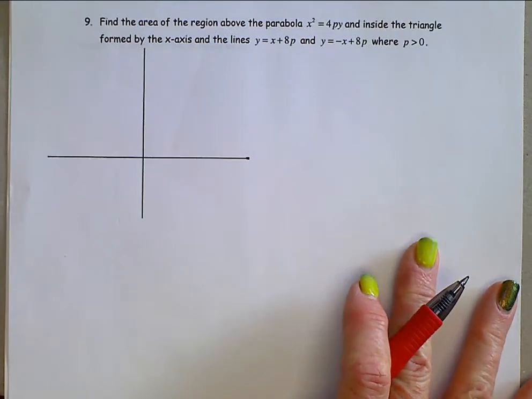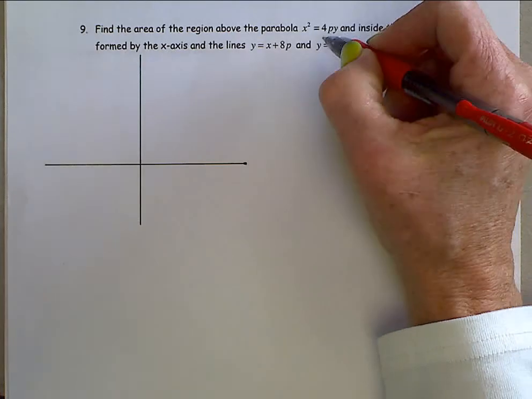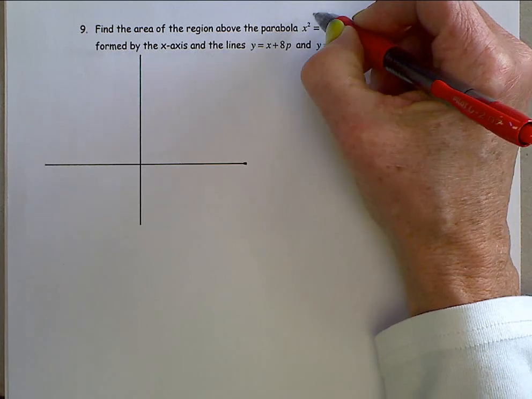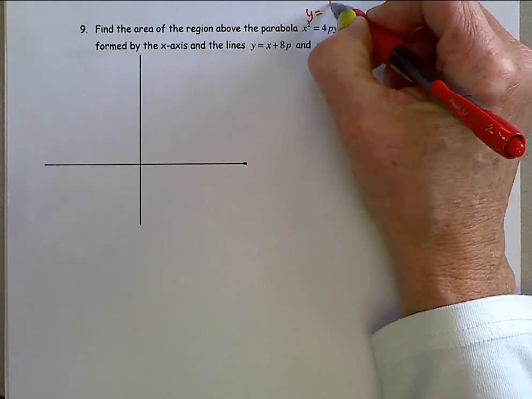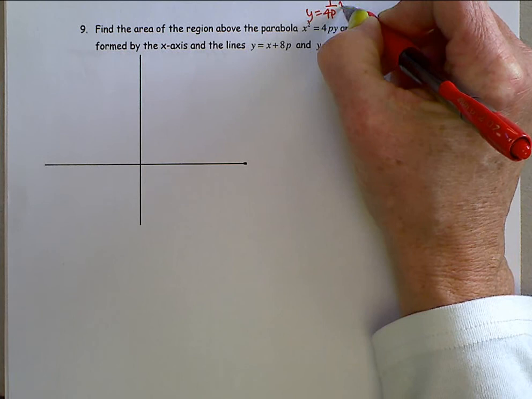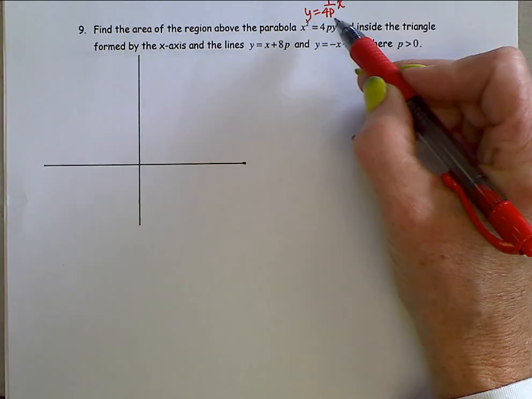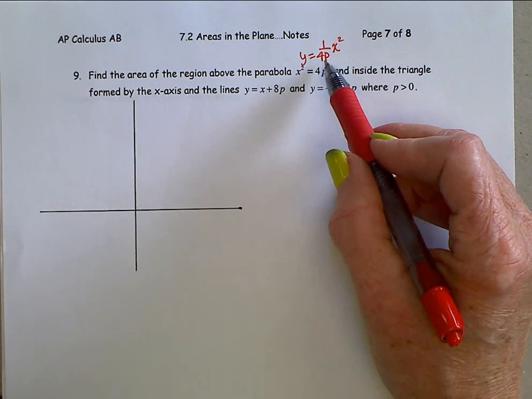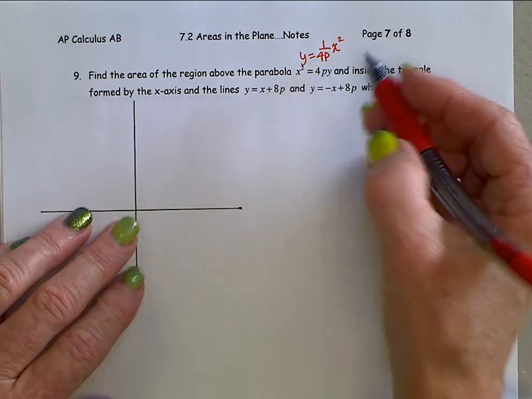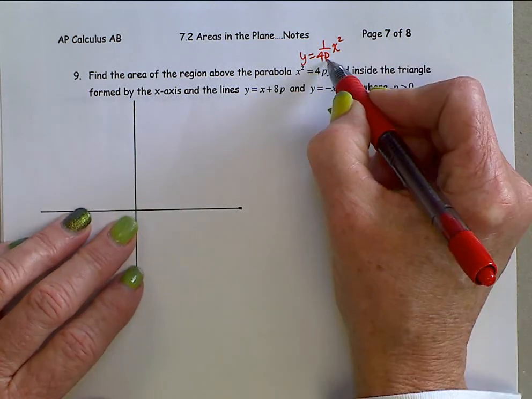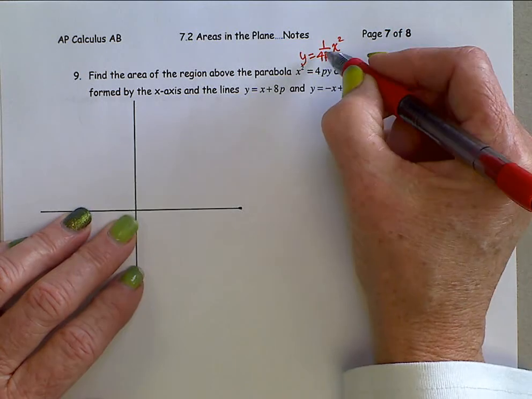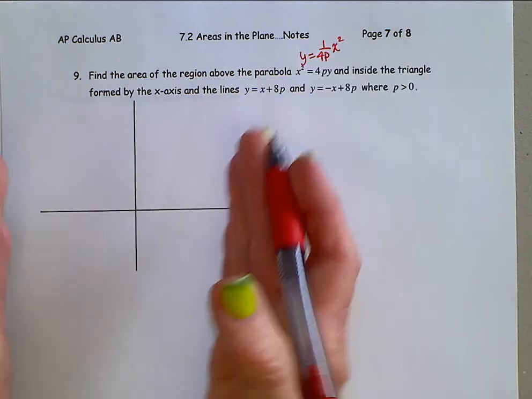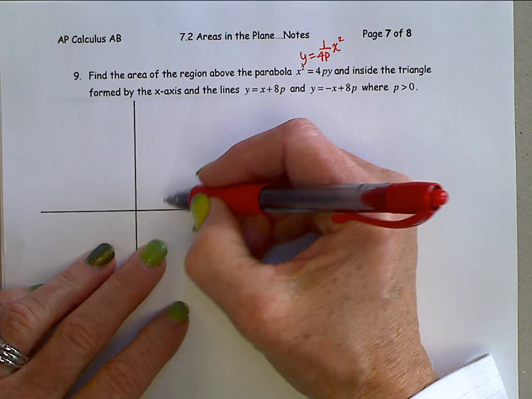x squared equals 4py. So let's solve for y, which means y is going to be 1 over 4p times x squared. Watch your handwriting here and make sure that you see that 4p in the denominator of a fraction and the x squared. p is a positive constant, so all this is going to change is how narrow or how wide this parabola is.